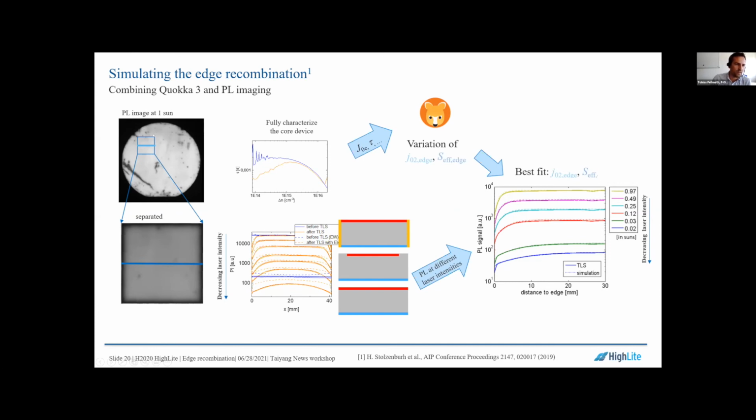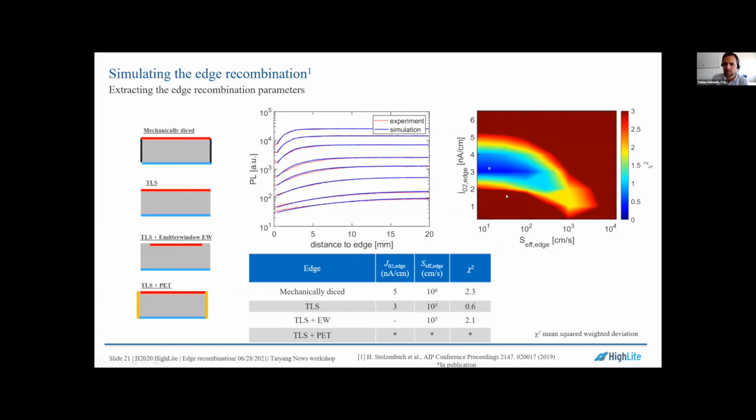We can spot here a region of the wafer, and within the wafer we can look at all the properties, so the lifetime and the J0E and everything which comes along this region, and we can feed all those parameters we can characterize into Coca3, and then we cut our square we're looking at, and then after cutting we have the edge affected wafer, and then we can measure at different states we want to look at, and a different illumination laser intensity, measuring the PL and feeding this into the Coca simulation, and then we just fit these two parameters, the J02 edge and an S effective, to the measurements here, and then we're getting a nice fit, and also getting these parameters, and this is done by minimizing.